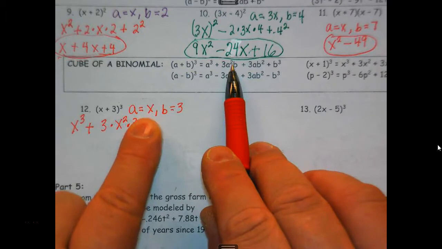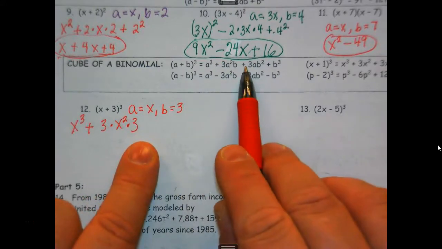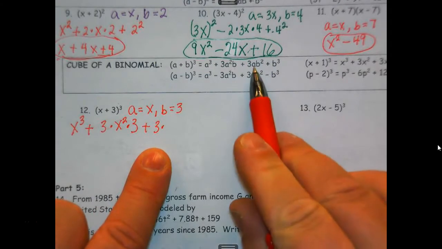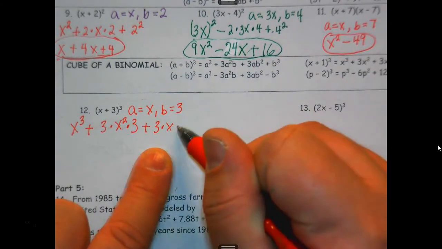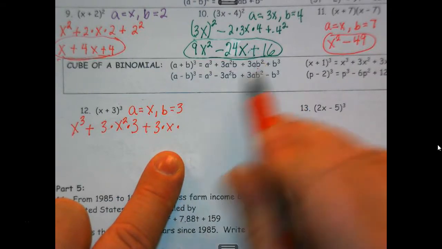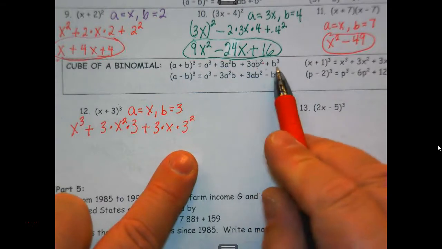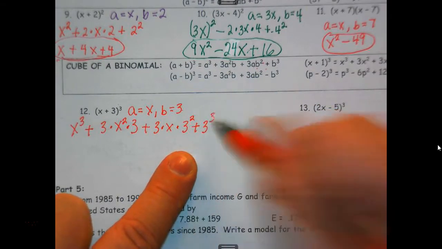My A is x, so it has to be x squared. Got it? Okay, plus 3 times A, which is x, times B squared, which is 3 squared, plus B cubed.